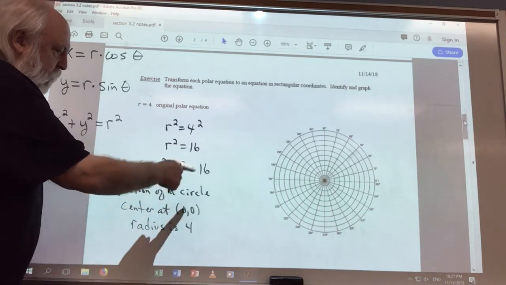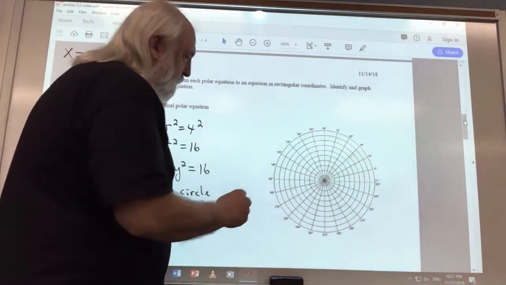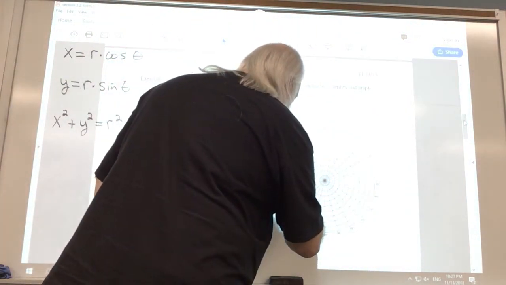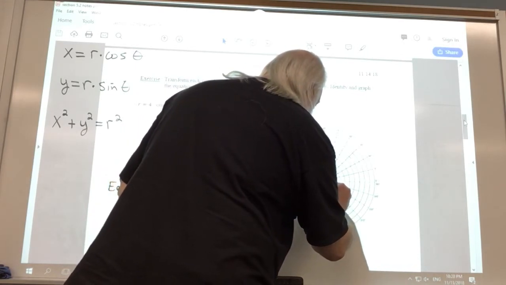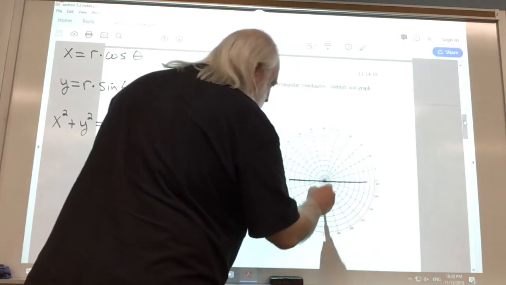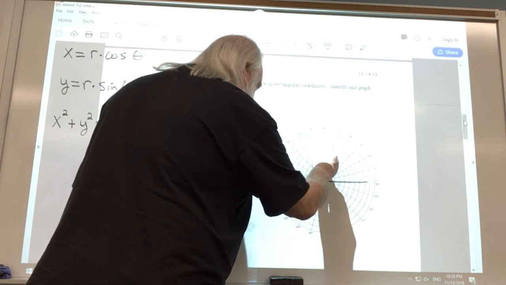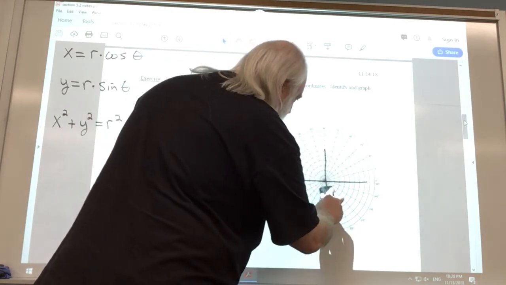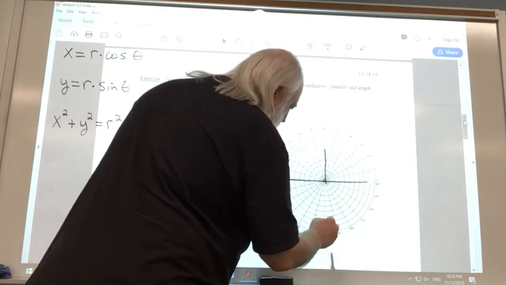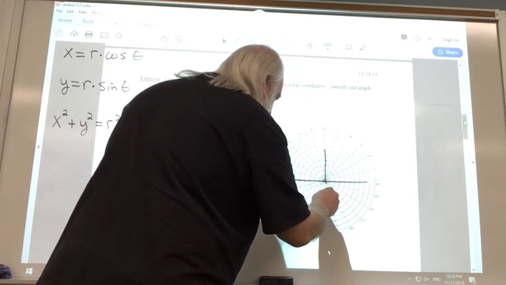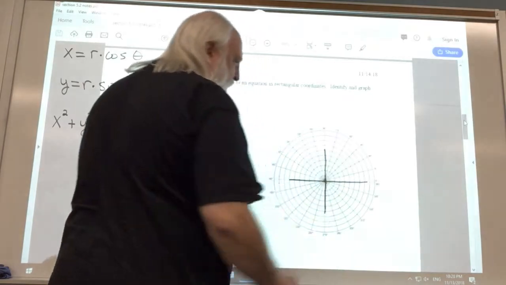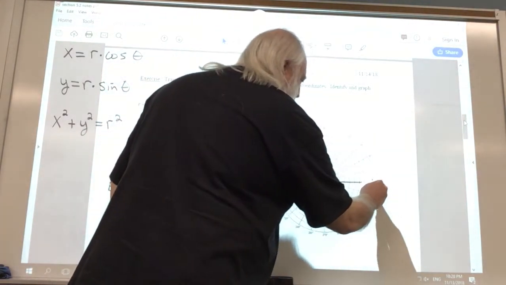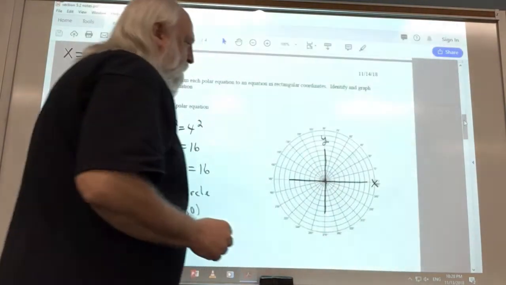Okay. So how do we typically graph in a polar grid? Well, once we have the equation in rectangular coordinates, we can superimpose a coordinate plane on the polar grid. Thusly, right, this is the x-axis, this is the y-axis.